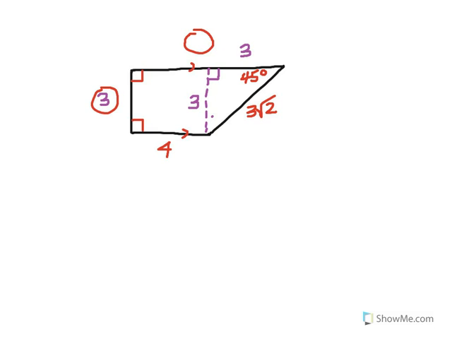And then I know that on the top here I've got a 4 right here, so the entire base across the top there is 7. So in this figure, the area is height times the median. So the height is 3, and the median, which is the average base length, is 7 on the top base and 4 on the bottom base.